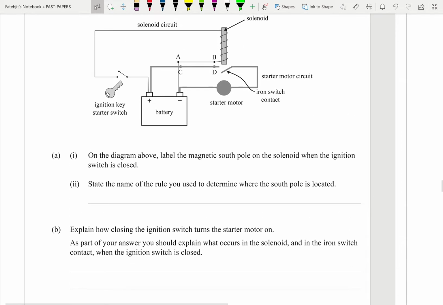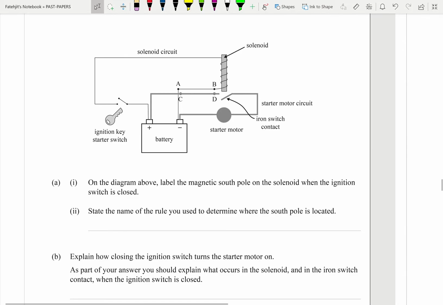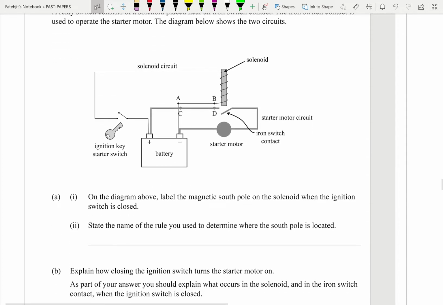Sweet. So on the diagram above, label the magnetic south pole, and that's what it is. Cool. So you could use a number of different rules, which says here, state the name of the rule. You could use the right hand rule.